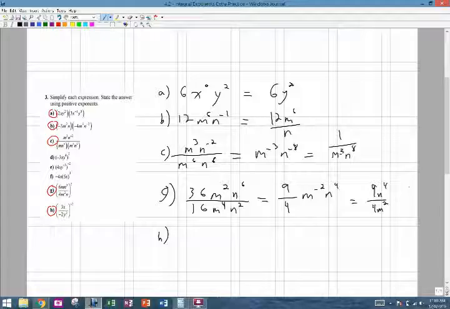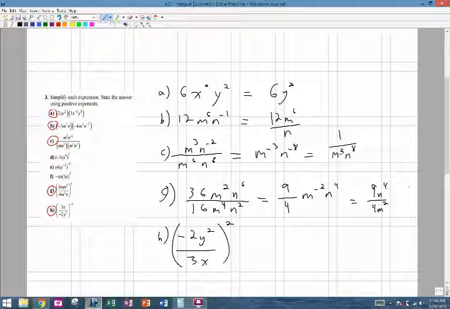Last one here, h. Again, I have this exponent outside of negative 2. We could apply the exponent or just do the... I usually deal with the negatives first, so that's done. So I'm going to flip everything that's on the inside. Yep, so I have negative 2y squared on top, flips to the top. 3x flips to the bottom. I still have the exponent outside of 2. All negative exponents do, the negative sign flips it. That's all it does.